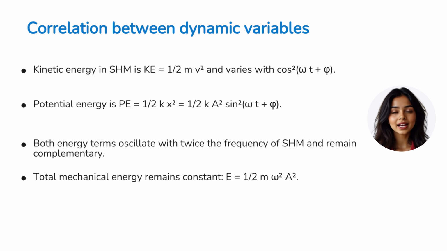It equals 1/2 times mass times omega squared times capital A squared. So no matter how the particle swings, the total energy is conserved, just shifting between kinetic and potential, a perfect example of energy conservation in action, like a well-practiced dance.